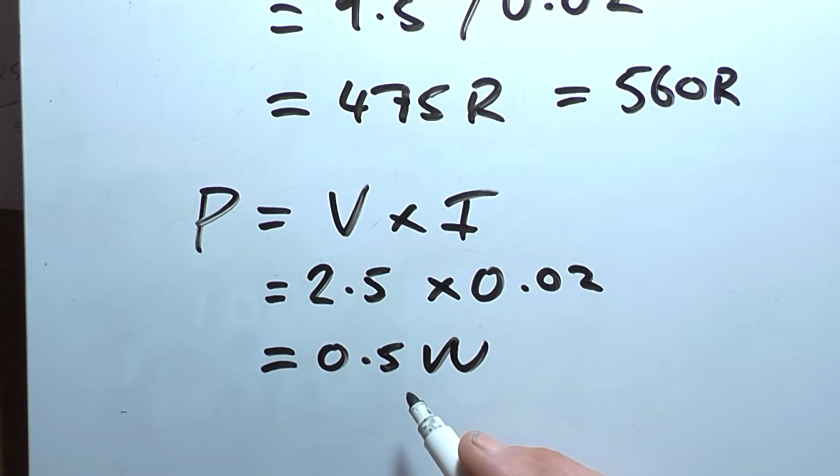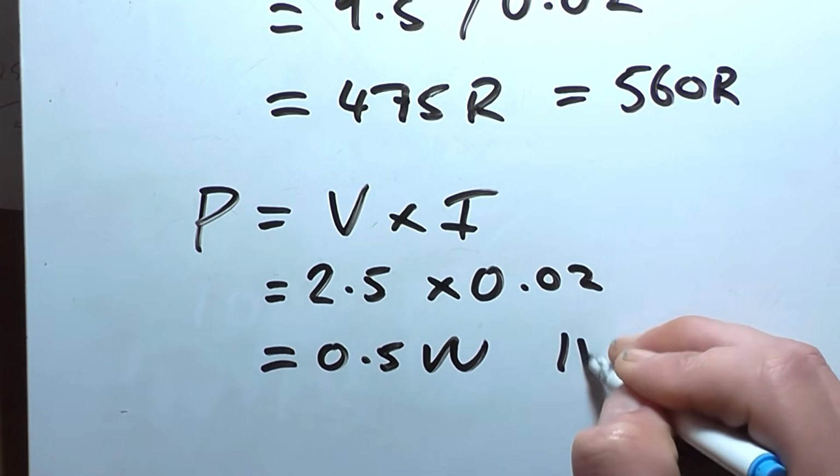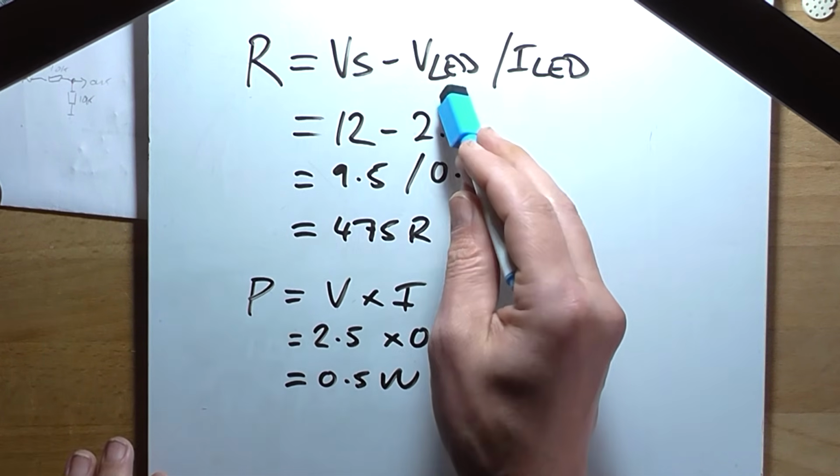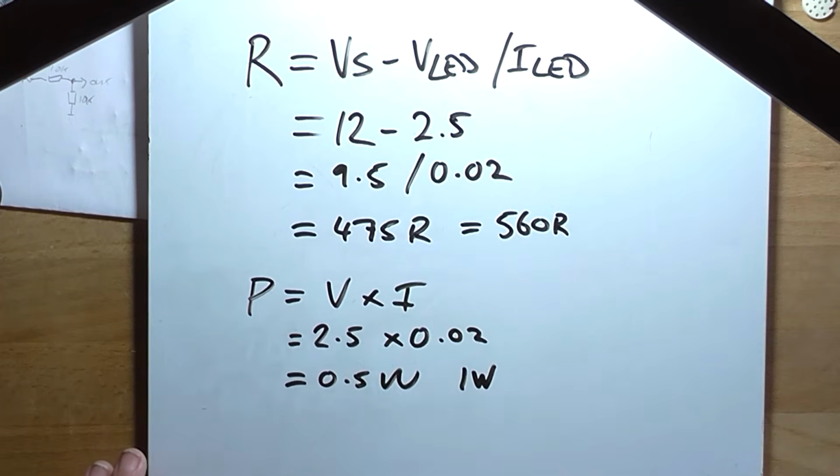So in this case you would use a resistor wattage value of 1 watt, just for safety. And that's basically all you really need to know: the forward voltage of the LED to make these calculations.